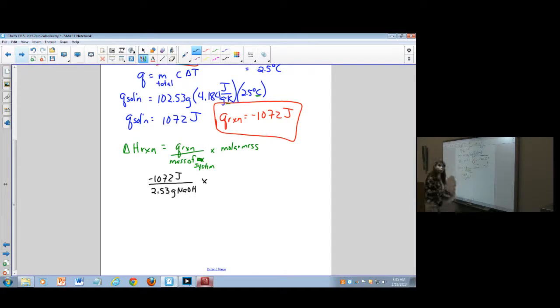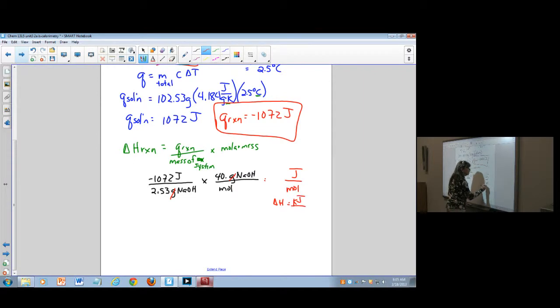Then I'm going to multiply times the molar mass of sodium hydroxide, which rounded is 40 grams sodium hydroxide for every mole. Let's look at our units. I'm going to be dropping out grams, and I'm going to end up with joules per mole. Delta H is almost always in kilojoules per mole, but that's an easy fix, so we'll do that later.